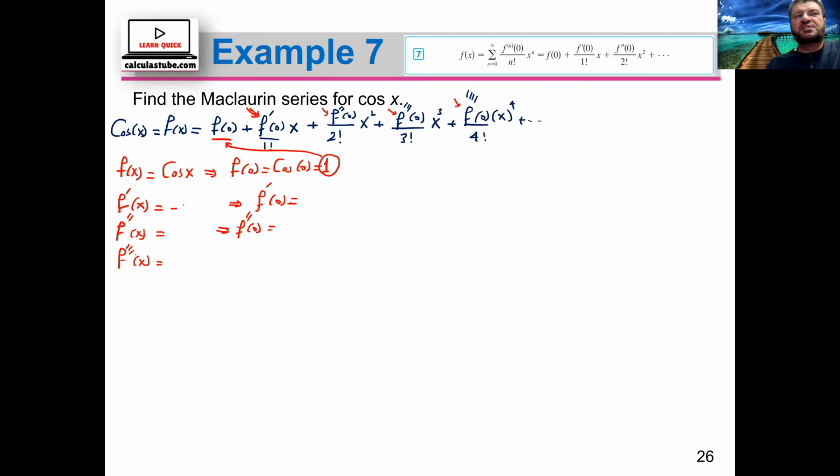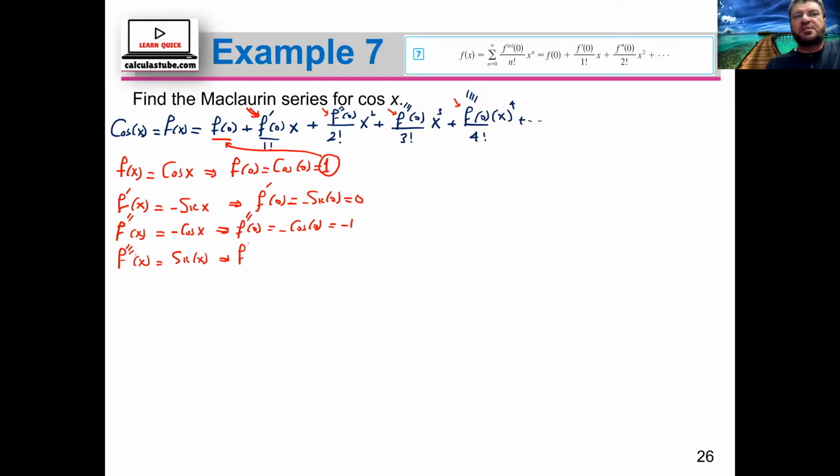The derivative of cosine is minus sine x. And f prime of this is minus sine 0, which is 0. The derivative of sine is cosine, so this is minus cosine x. So this is minus cosine 0, which is negative 1. The third derivative: the derivative of cosine is minus, so it becomes sine x.